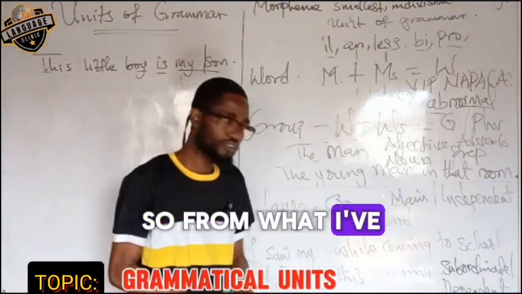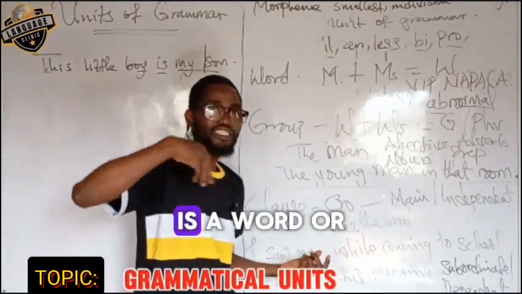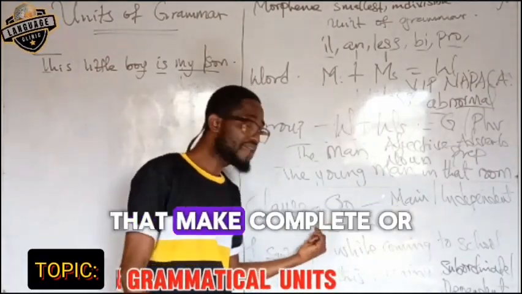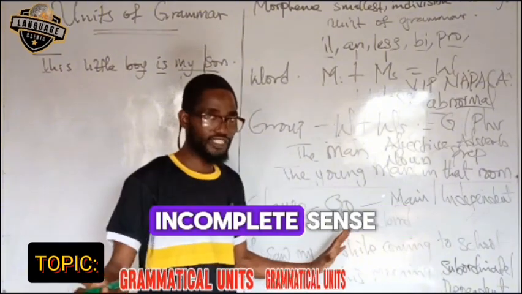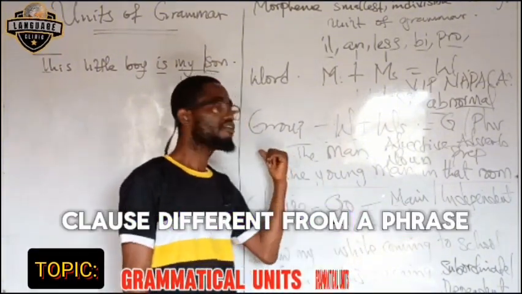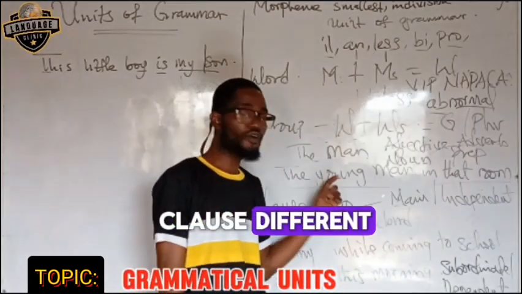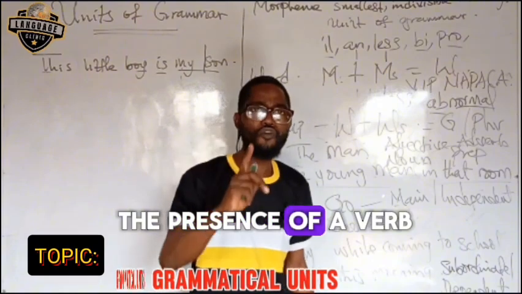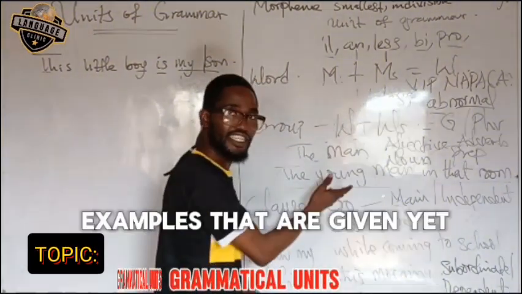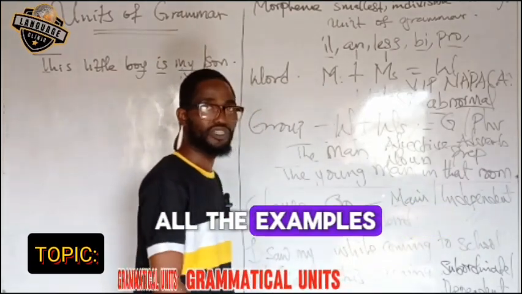From what I've just told you, a clause is a word or group of words or group of phrases that makes complete or incomplete sense. But what makes a clause different from a phrase is just one thing: the presence of a verb. For each of the examples I've given here, there is a verb.